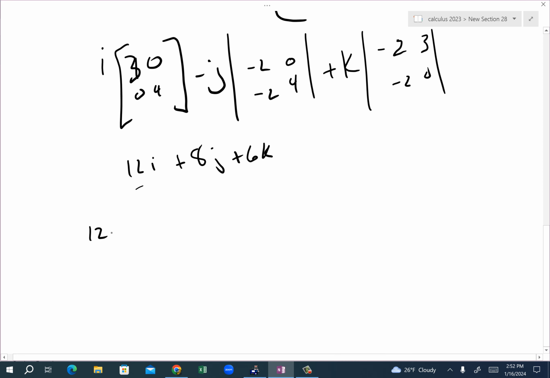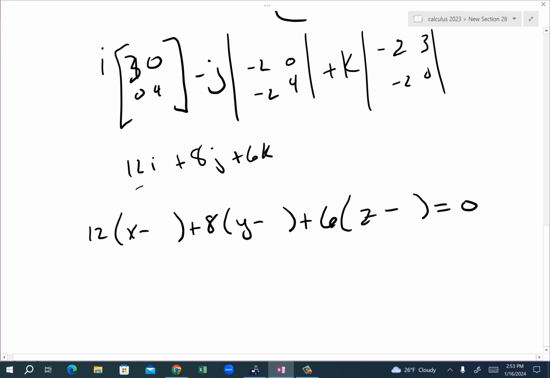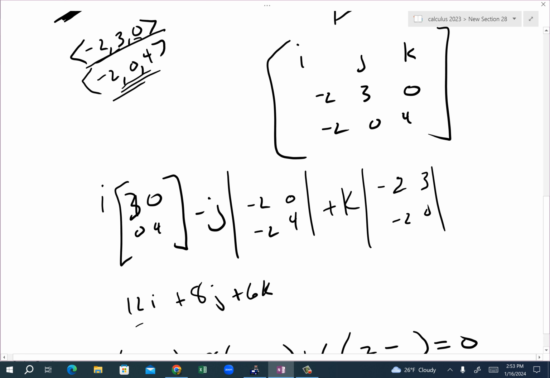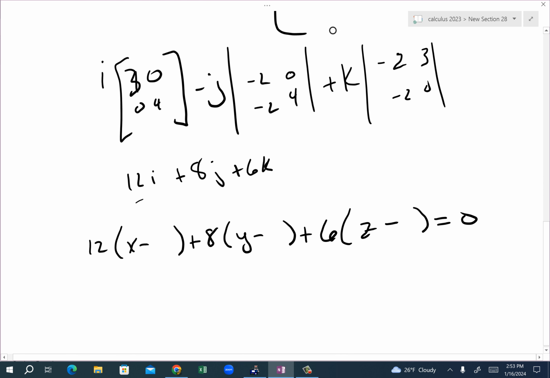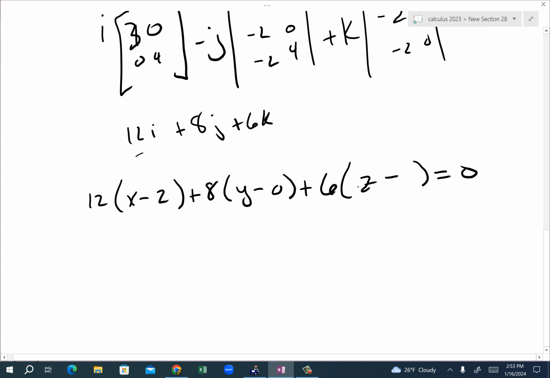It means that I have this. Well, what are the x naught and y naught? Any of them will work, but I'm going to do 2, 0, 0.